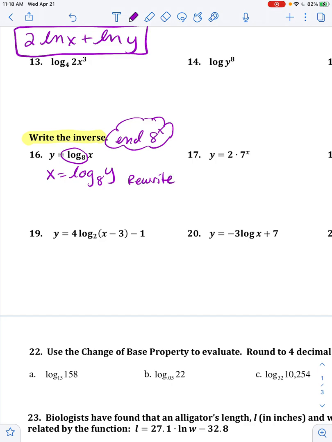So I think, okay, I need to start in the base, which is the 8, come over here and get the power, roll back around and get the answer. And then the only thing I need to do to be final is change that y, now that I've found my inverse, to inverse notation. And my inverse of f is 8 to the x. And so I knew I needed to have that in my answer because that is the math opposite of log base 8. So I'm done.